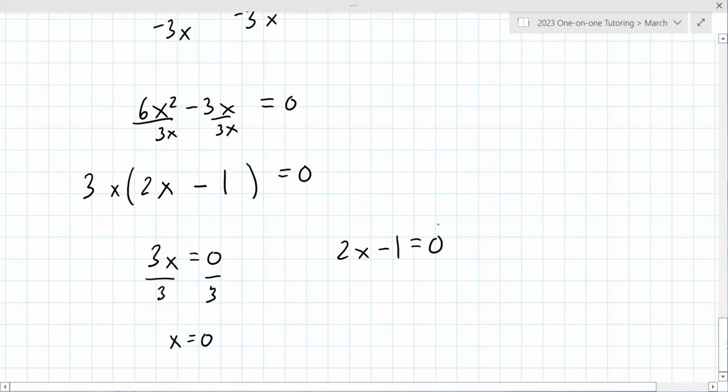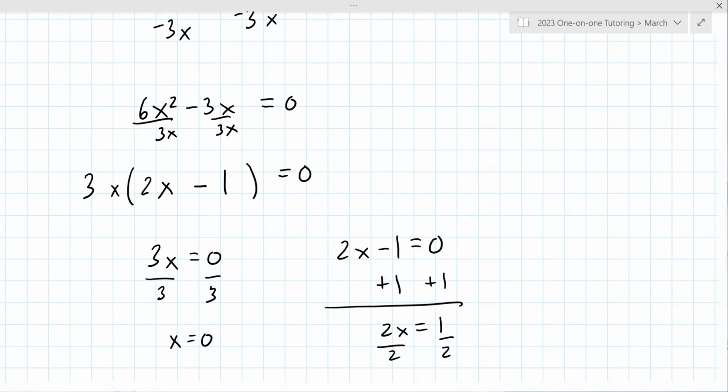And then divide by 1? You're going to add 1 to both sides. Sorry, add 1, add 1. Yeah, add 1. And then do you divide 2 on the right? Yes. So you can absolutely get a fraction there. Yeah, x equals 1/2. Okay.